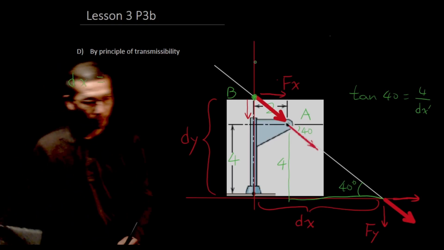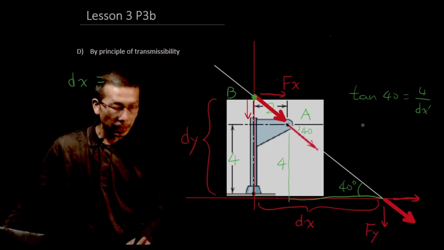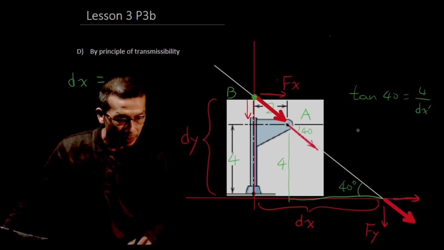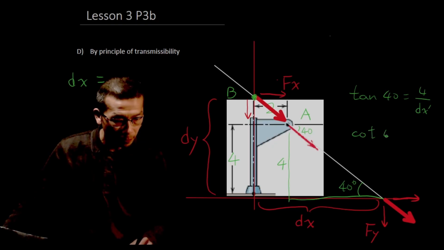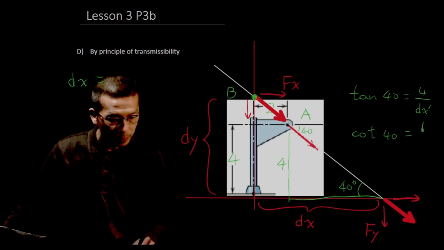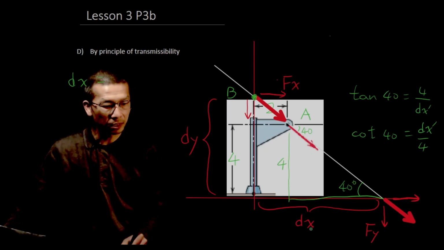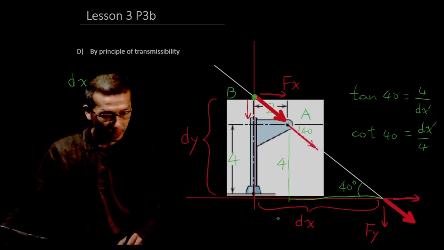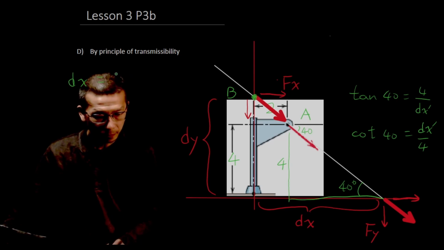I see. We can use cotangent 40, and then that would be easier. Dx prime divided by 4. So my dx is cotangent 40 times 4. So let's write it out. Dx is 4 cotangent 40 degrees.